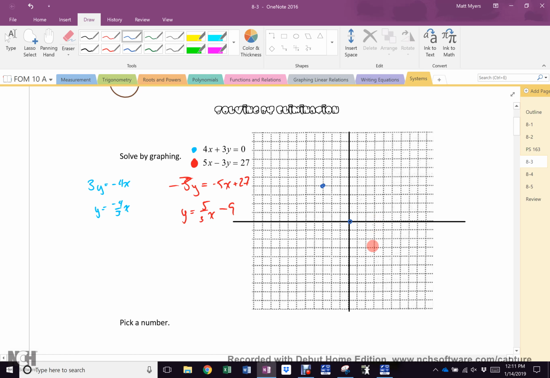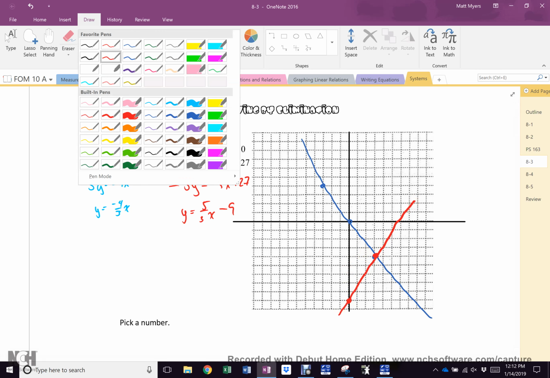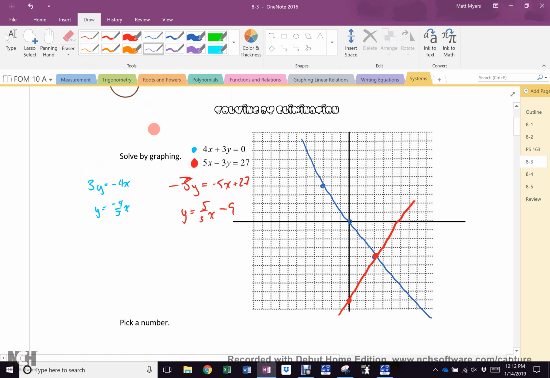And the red line is 1, 2, 3, 4, 5, and up 1, 2, 3, 4, 5. And you would go right through there, which was a solution, therefore, of 3, negative 4.